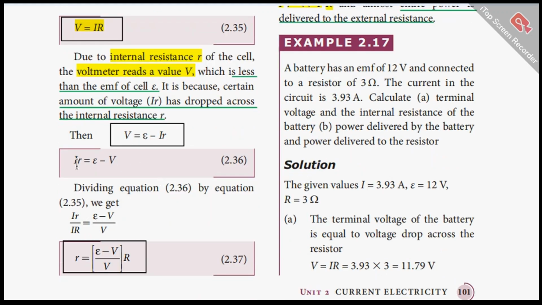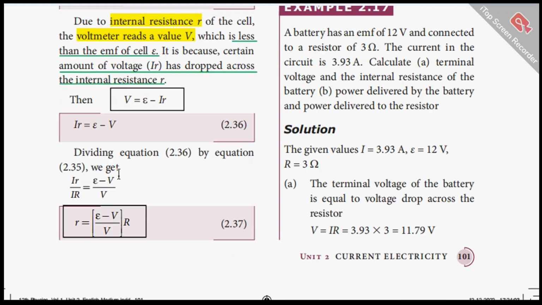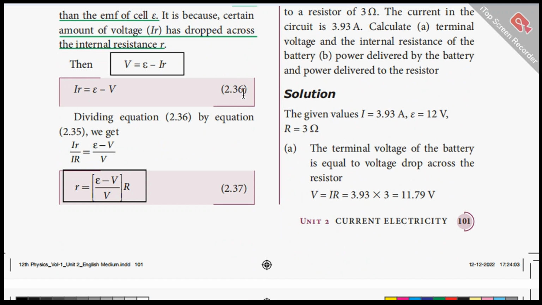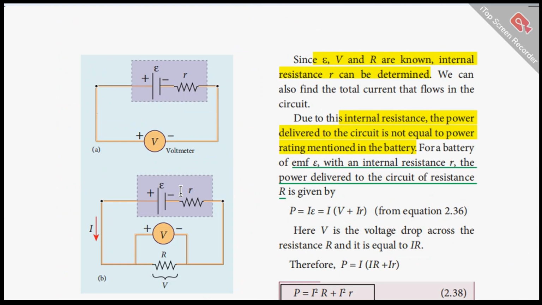So Ir can be written as epsilon minus V. And dividing this equation by equation 2.35, we get Ir by IR equals epsilon minus V by V. Therefore, r is given by epsilon minus V by V into R. Since epsilon, V and R are known, the internal resistance r can be determined.